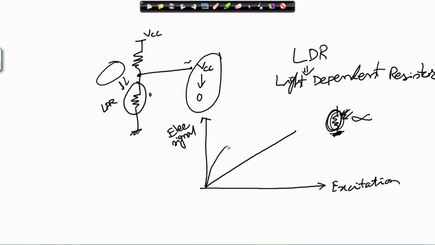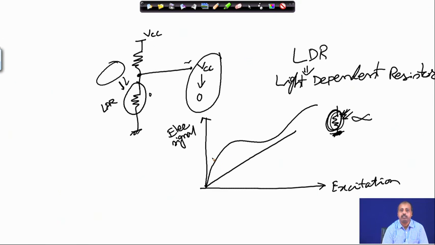Maybe it will go like this. So, we have to identify the range, and depending upon the range we have to do some sort of piecewise linearization or something like that. But ultimately, what I mean is that the transducer alone is not sufficient for this purpose.